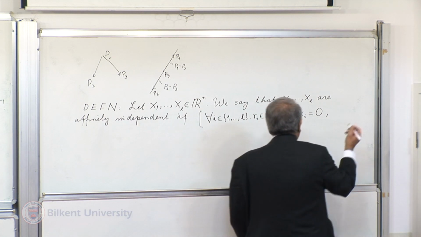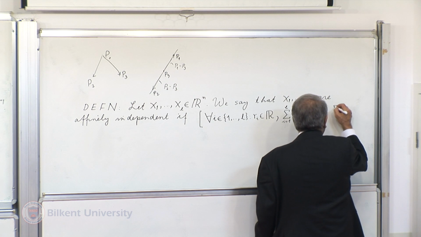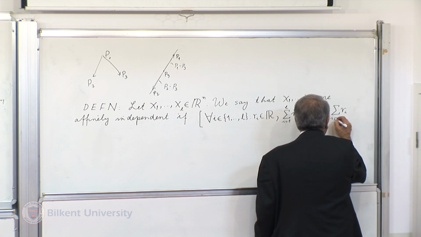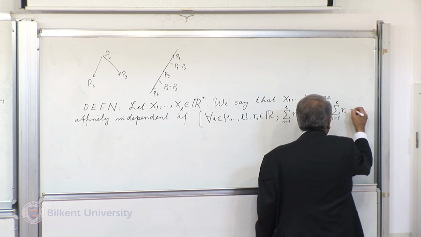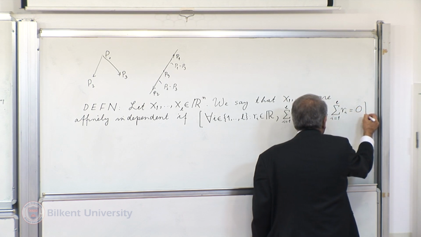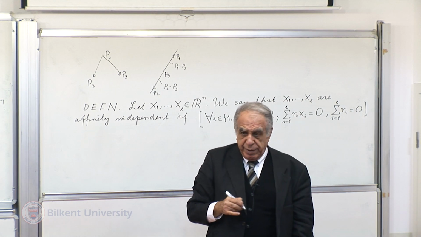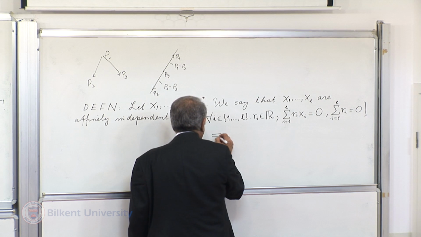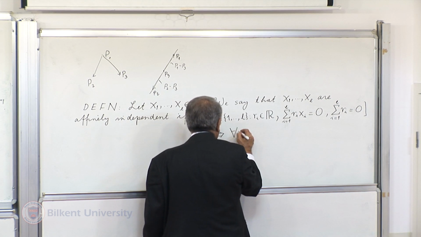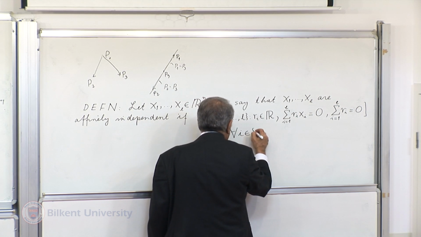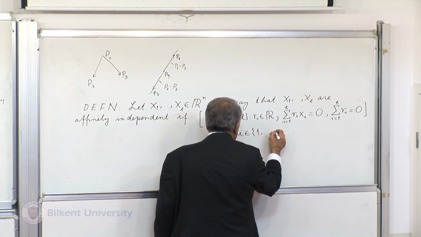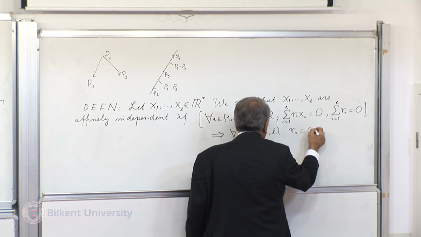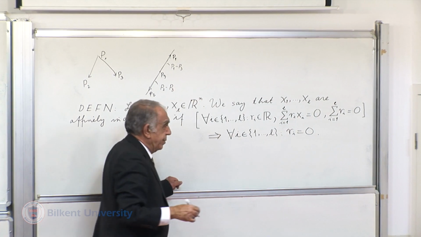But we make this stronger by assuming that the coefficients we take here, they all add up to 0. Now, this should imply that for all i from 1 to L, ri equals 0.